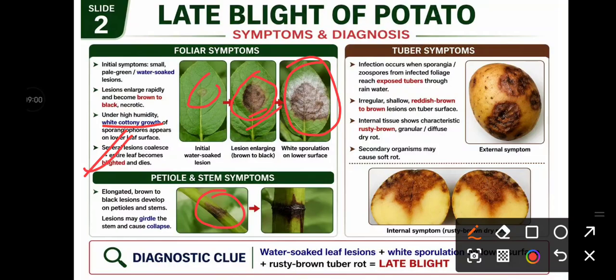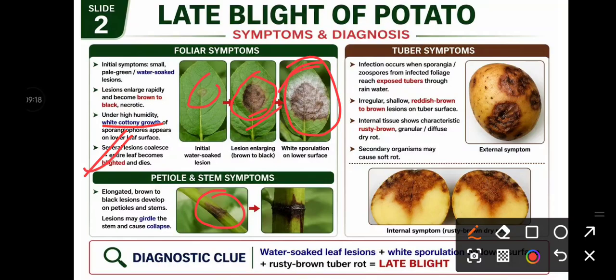Those tubers which are exposed come in contact with the zoospore or sporangia from the infected foliage, because the first infection starts from the foliage part or the leaf part.